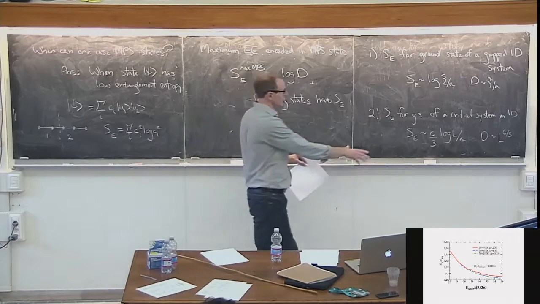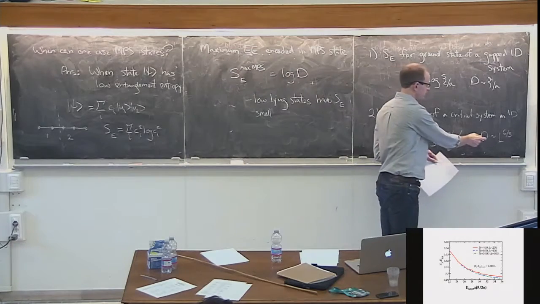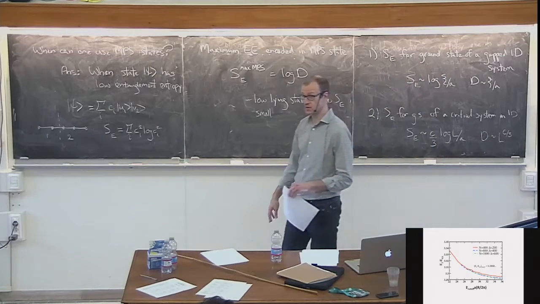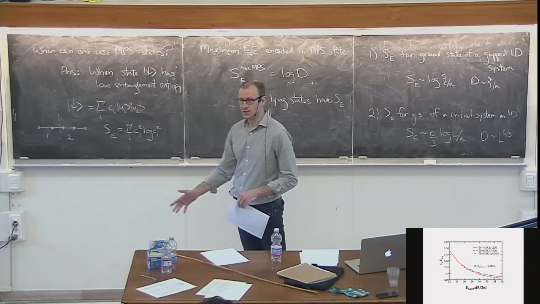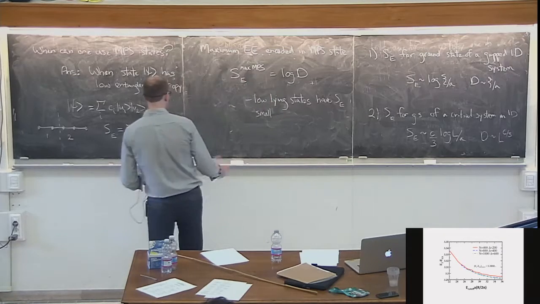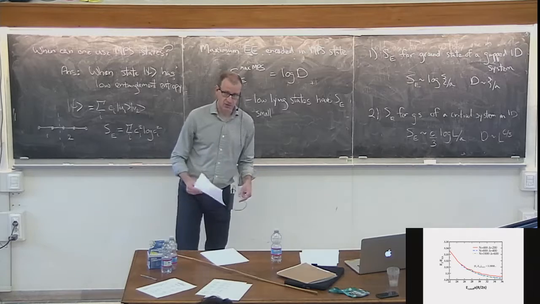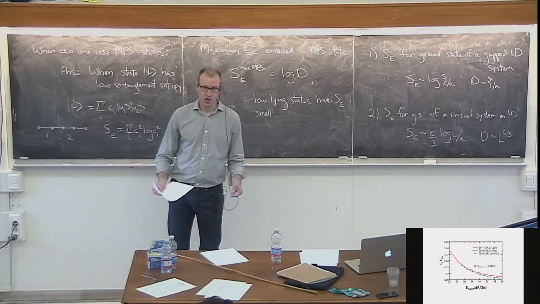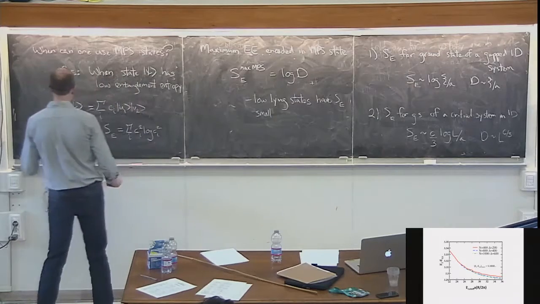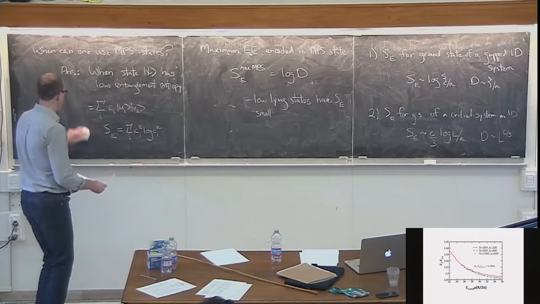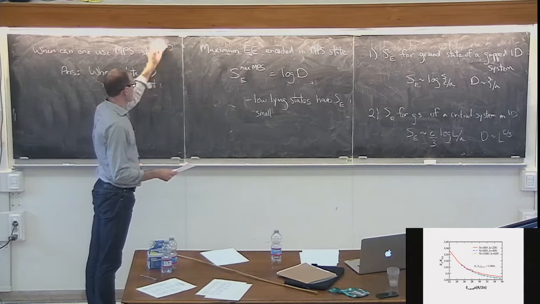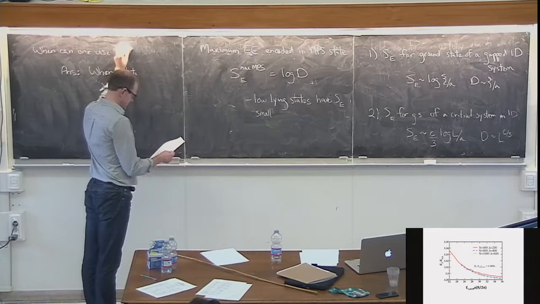But because the needed bond dimension is only growing very slowly in system size for a critical system in 1D, we can still make progress. So doing DMRG for critical systems is more challenging, but not impossible. That's what you want to take away from that sort of back of the envelope calculation.